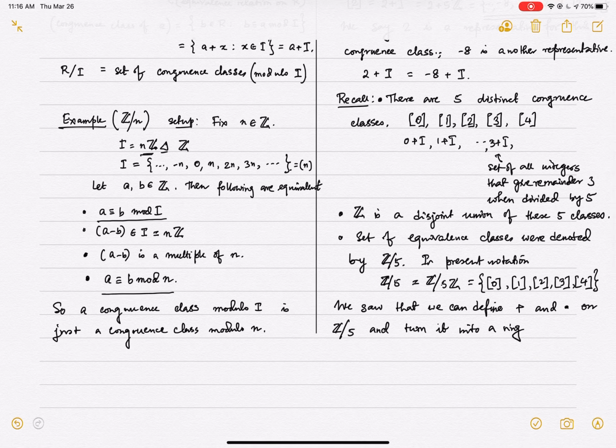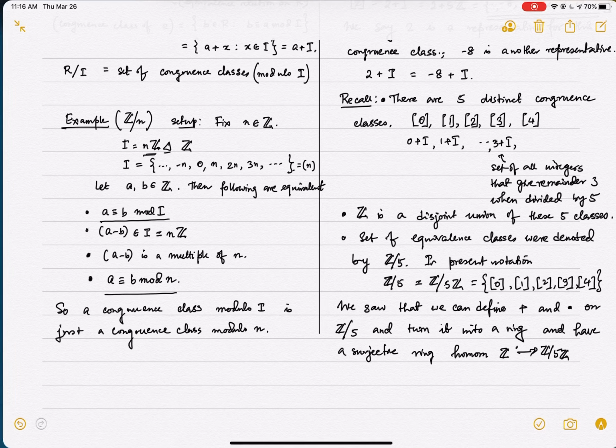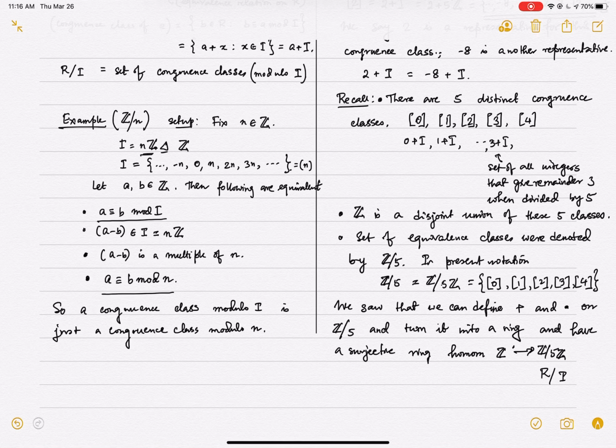And we have a surjective ring homomorphism from Z to Z mod 5. And that will have a more general version like that. We'll turn R mod I into a ring, and we'll have a surjective ring homomorphism from R to R mod I called the quotient homomorphism.